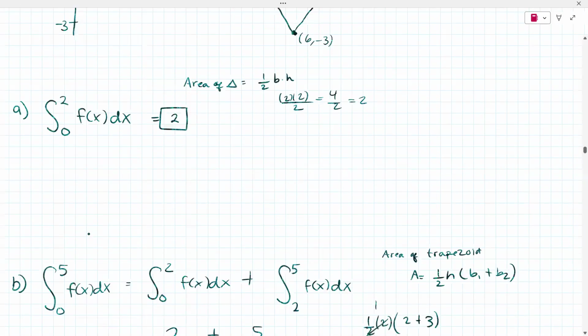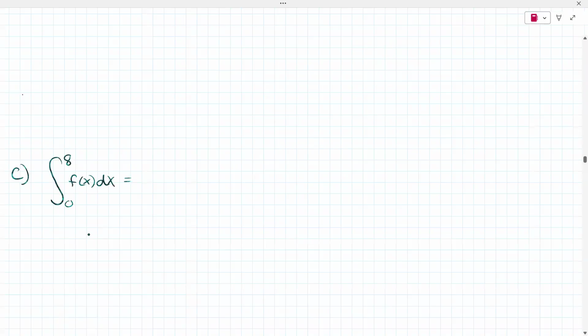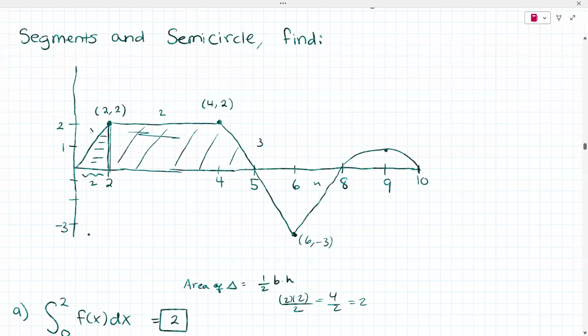Here, let me write it out. Okay, so from 0 to 8, it would be the integral from 0 to 2 of f of x dx plus the integration from 2 to 5.